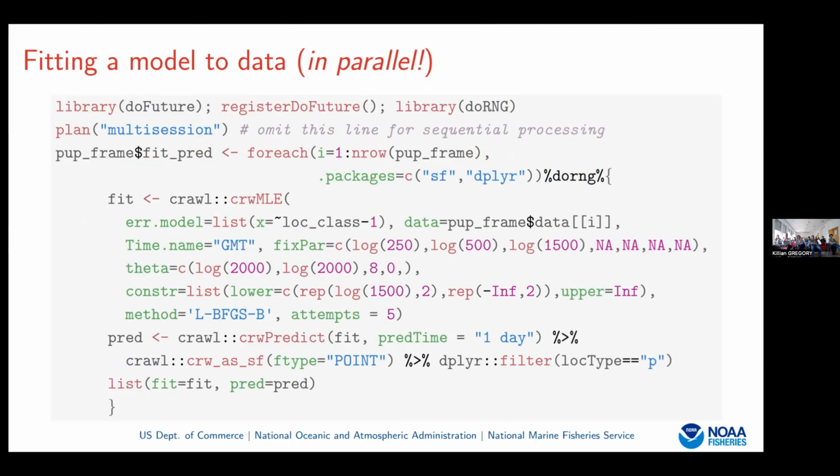So basically the main fitting function is CRW-MLE, and that is going to fit the model. We have an argument here that tells it, like with the usual R formula, what type of error model we want. So we're just telling it there are categorical location classes, and for each one we get a different error structure. Then there's the data, time, name, all that kind of thing.